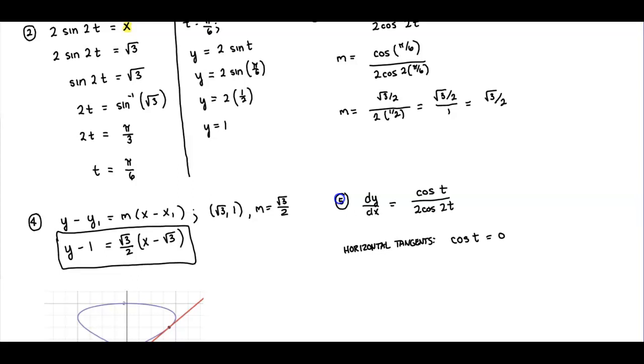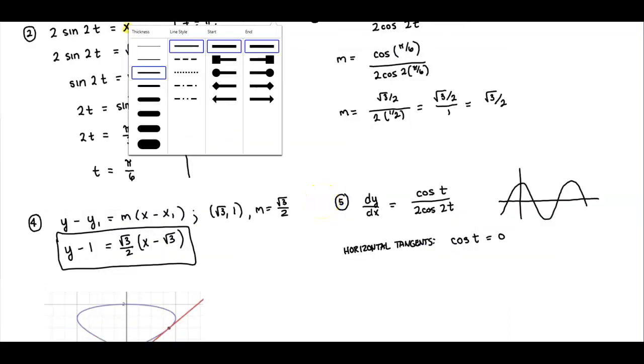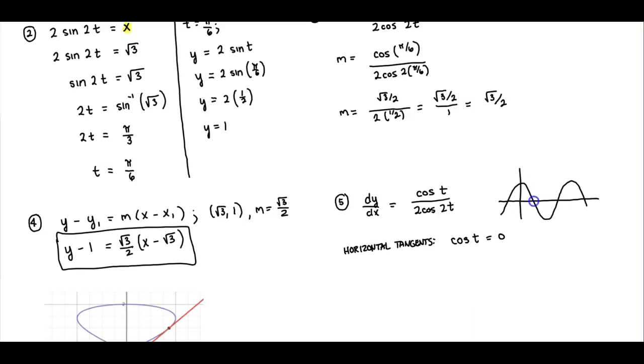Well, let's go ahead and recall what that graph would look like. If we had the cosine function, our cosine function starts here, it goes to 1, and it goes down through here to -1, and then back up here, and then back through again. And so when we're talking about the cosine function, this point right here represents pi over 2. We know this point here represents 3 pi over 2. And this point here represents 5 pi over 2.